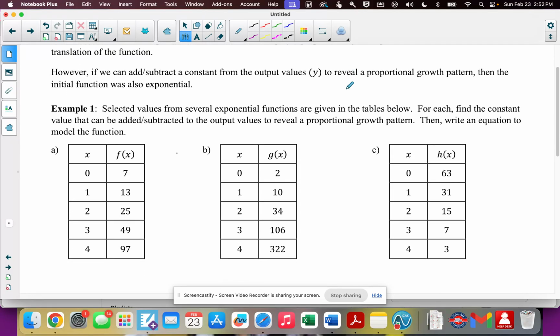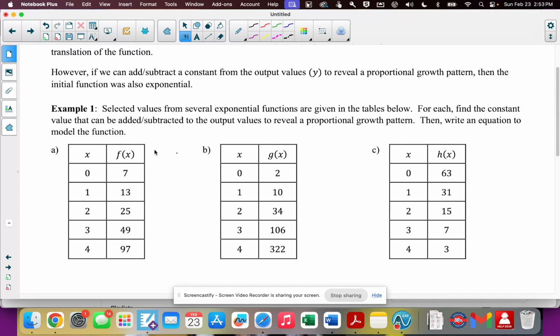All right, so 7, 13, 25, 49, 97. Definitely does not look like something recognizable, where you can look at it and realize what you're multiplying by every single time. However, we can add or subtract numbers from it, and we would actually be able to see a really nice pattern.